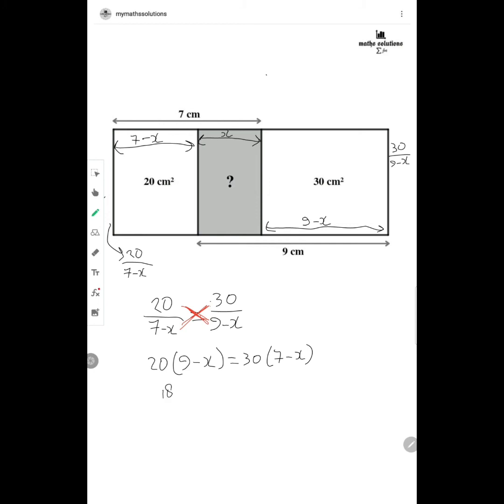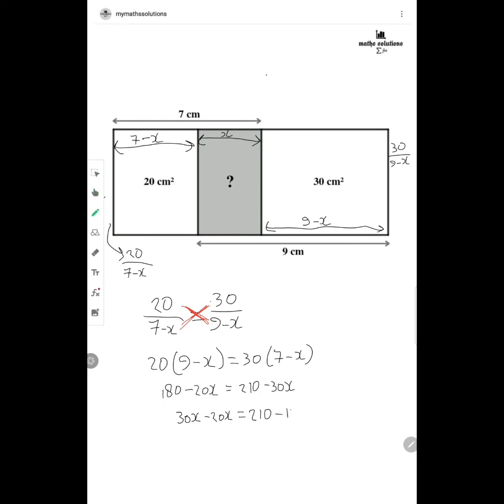So you're going to get 180 minus 20x is equal to 210 minus 30x, and I'm just gonna make it simple for you. If this is a negative 30x, you're gonna send it to the other side. You're gonna get positive 30x minus 20x is equal to 210, and this is a positive 180, so you're gonna send it to the other side.